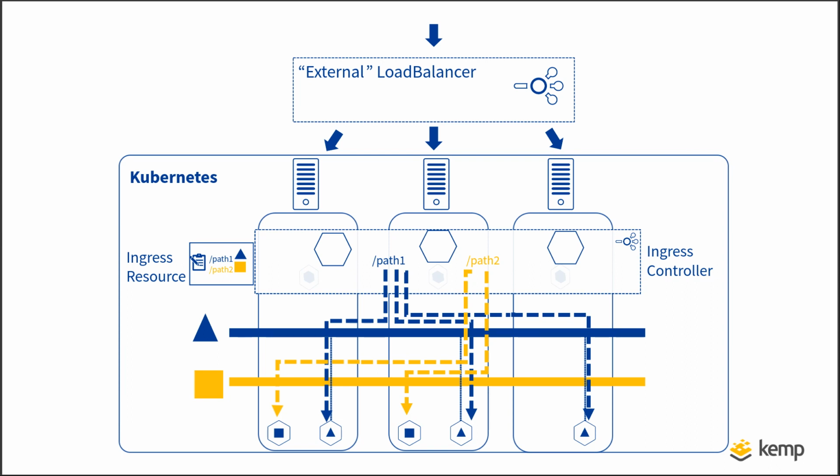And in some cases, you can end up going down the path of double load balancing, because in effect, the first load balancer is really just distributing traffic across the Kubernetes nodes, and then the second load balancing is what's performed by the Ingress controller to actually get it to the pods.